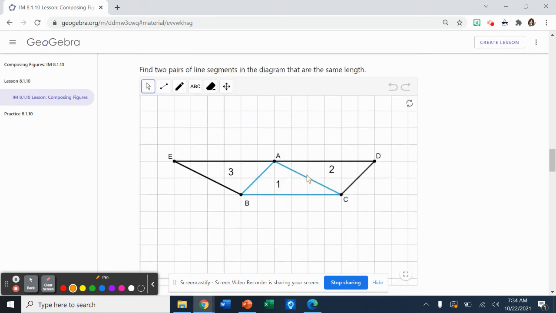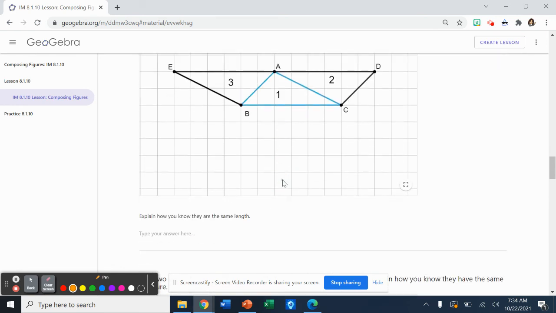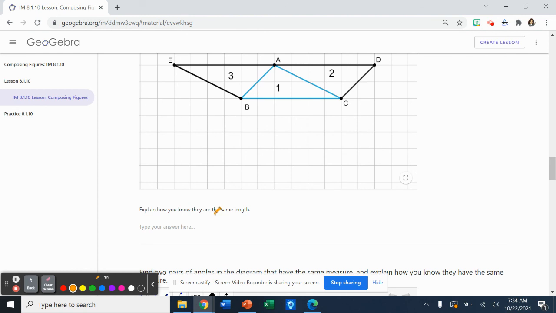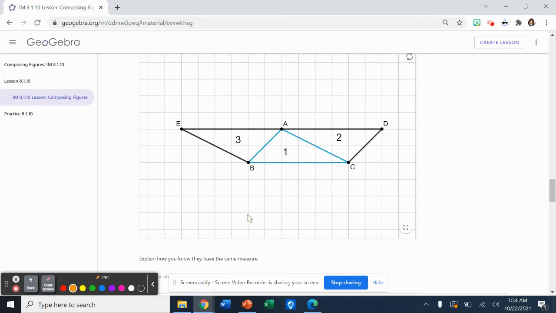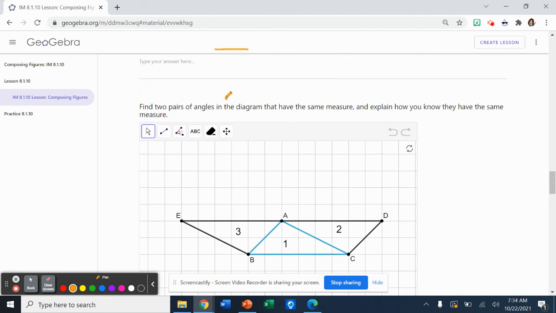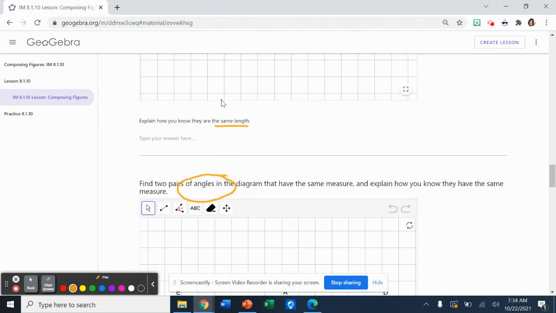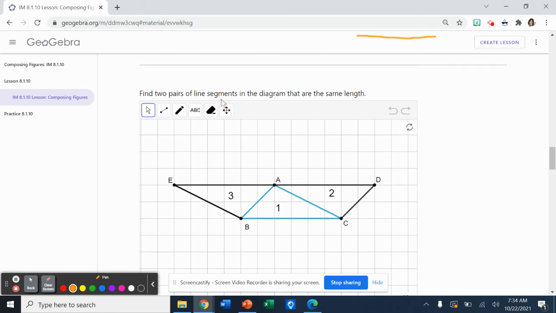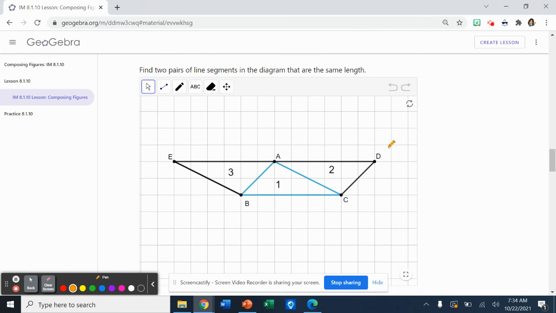So the next questions ask you to justify two segments that are the same length. And in the next question, two angles that are the same measure. I'm not going to give any answers for this one, but what I reminded the students of in class is that when we complete a rigid transformation, the side lengths stay the same and the angle measures stay the same.